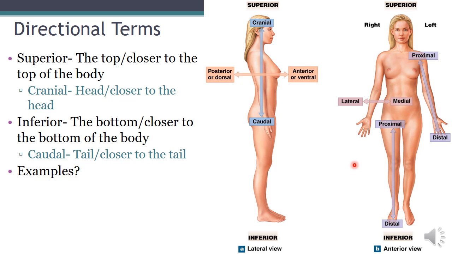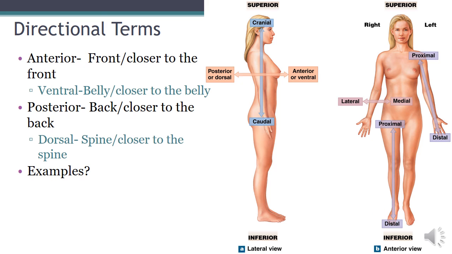Caudal means closer to the tail or your tailbone. So an example of something that would be inferior is the chin to the mouth. You can describe the position of the chin as being inferior to the mouth because it's below the mouth, closer to the bottom or closer to your tail if you want to use caudal.